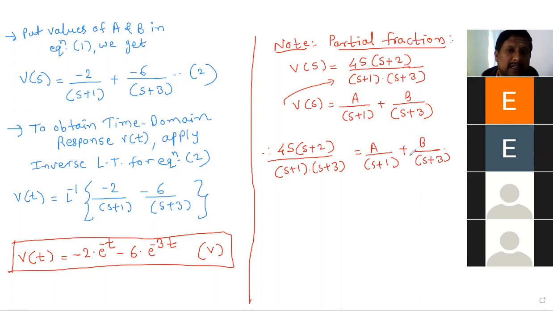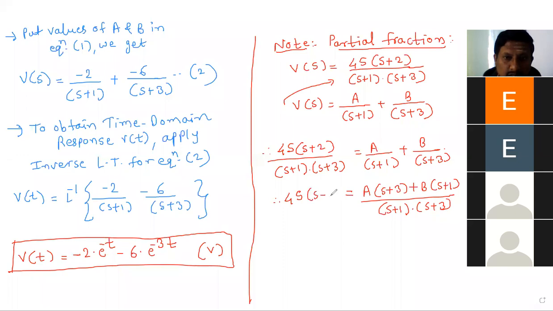ओके, आता मी या दोघांचं मल्टिप्लिकेशन करतो इथं, a इंटू एस प्लस 3, नेक्स्ट या दोघांचं मल्टिप्लिकेशन प्लस b इंटू एस प्लस 1 डिवायडेड बाय डिनॉमिनेटरचं मल्टिप्लिकेशन एस प्लस 1 इंटू एस प्लस 3. आणि इकडं काय असणार आहे, 4s इंटू एस प्लस 2 डिवायडेड बाय एस प्लस 1 इंटू एस प्लस 3. ओके, आता काय कॅन्सल होणार आहे, denominator will get cancelled.